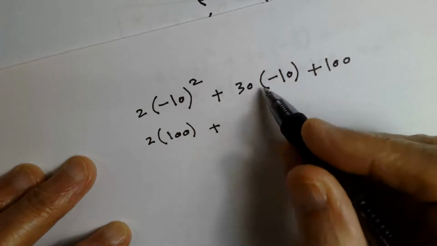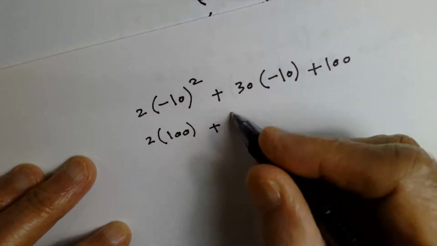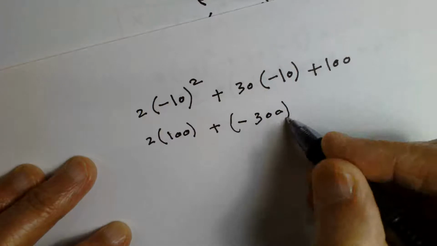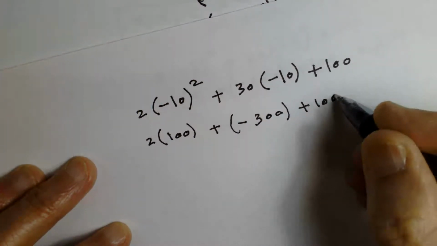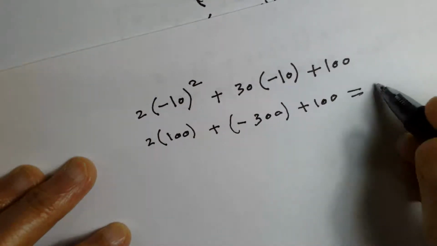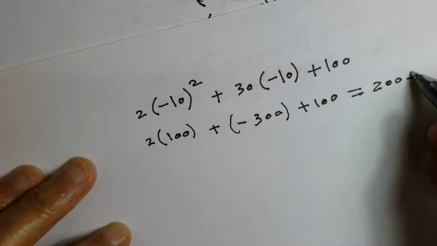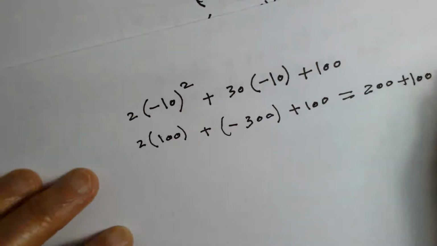And 30 into 10 is 300, and there is a negative here, so that is minus 300. 2 into 100 is 200, plus 100 here, minus 300.